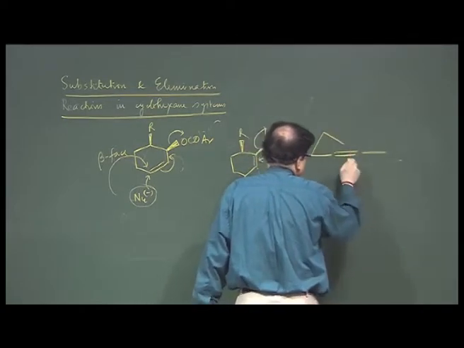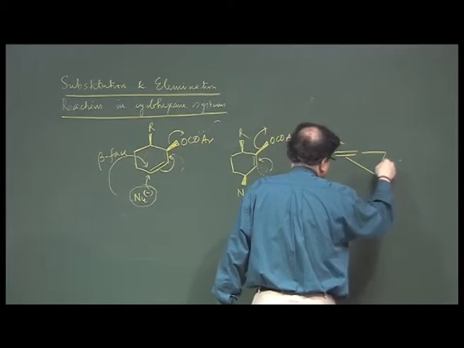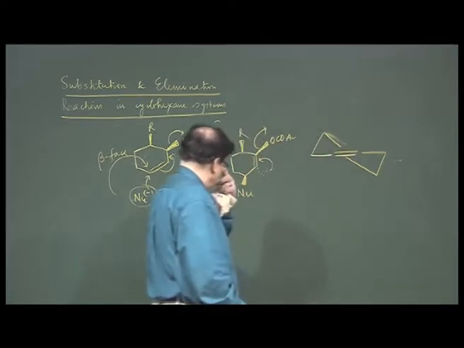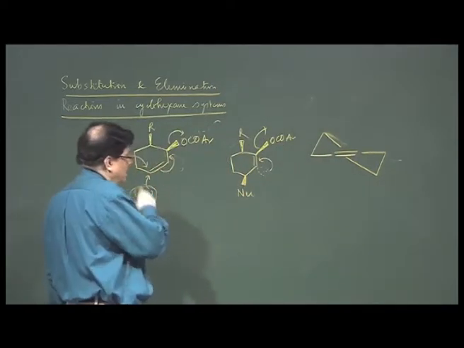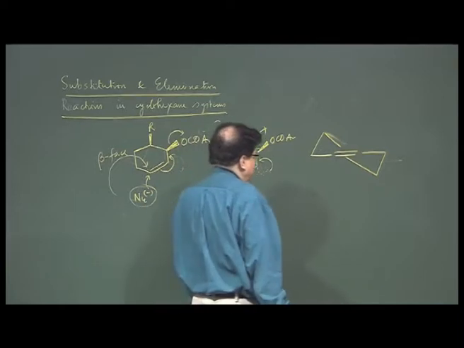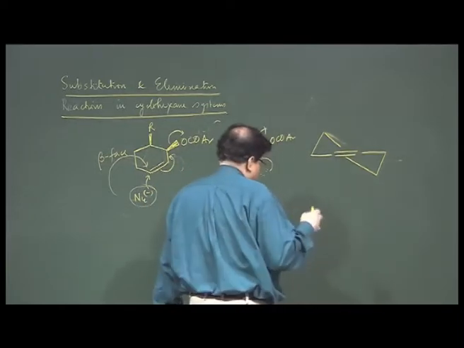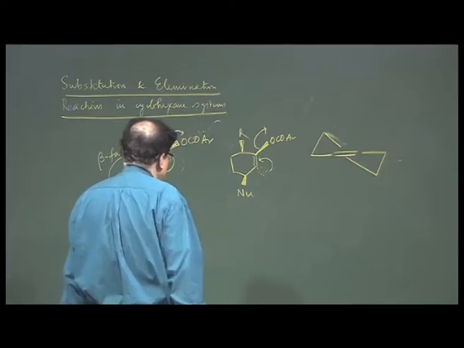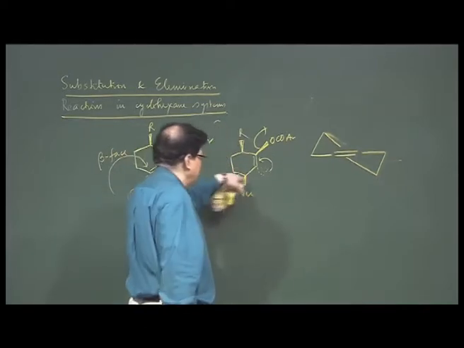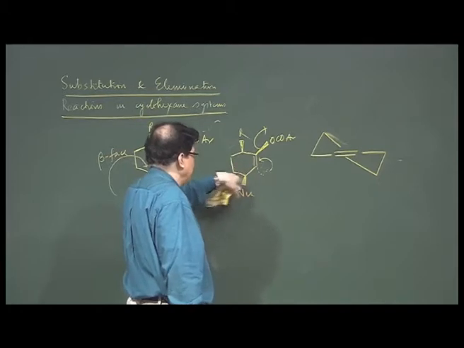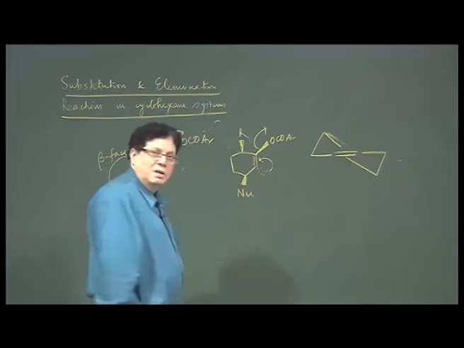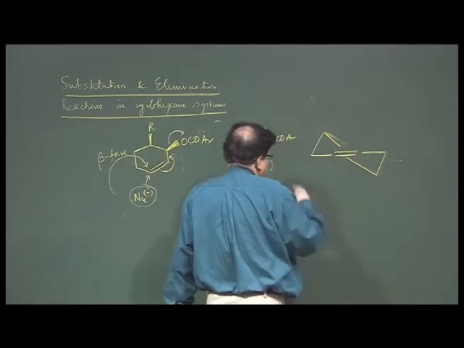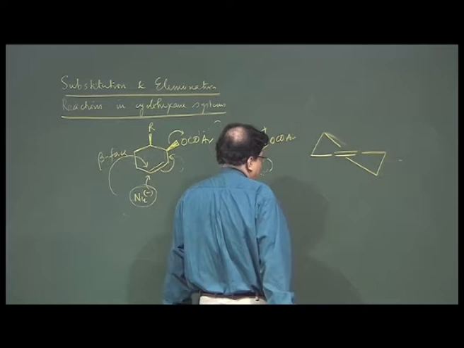Without going into any complication, I will just show you one approach of how to draw the conformation and go into the actual conformational analysis of this SN2 prime reaction. This is not quite correct because you are using a plain hexagonal cyclohexane. The cyclohexane actually has this type of conformation.